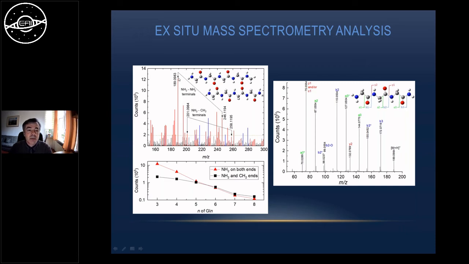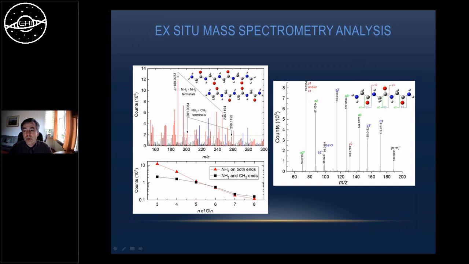For some of these progressions, we were able to understand the molecular structure. For example, the most intense progression, which starts from this peak, corresponds to polyglycine, which is terminated by amino groups at both ends. Just to be absolutely sure in our assignment, we also performed collision-induced dissociation of this ion. So we used a quadrupole mass filter to preselect this ion.